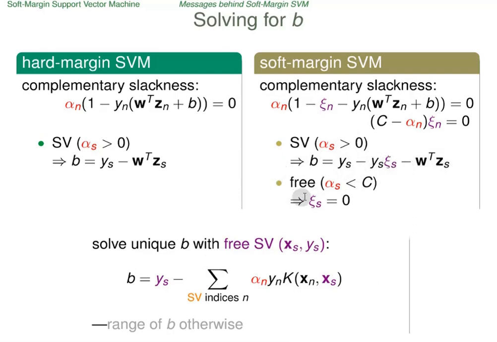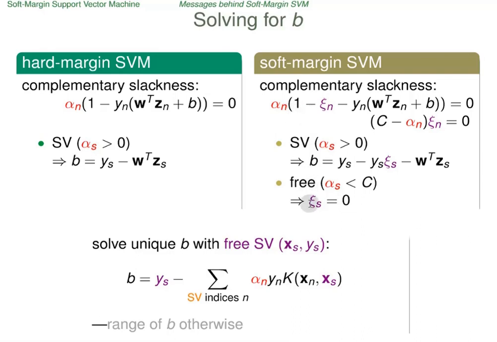And we also have, for non-zero alphas, the case where alpha is upper bounded by C. If alpha equals C, which means xi is 0, we recover the following. So these two inequalities can give a range for the optimal bias.